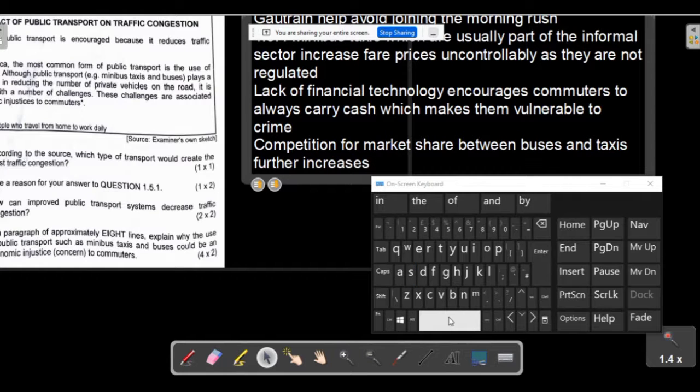Because as much as you would want to maybe reduce prices so that you attract more customers, the taxis are actually dominating, and they are inside these residential areas. So it's quite difficult for buses to actually compete. So it increases fare prices.